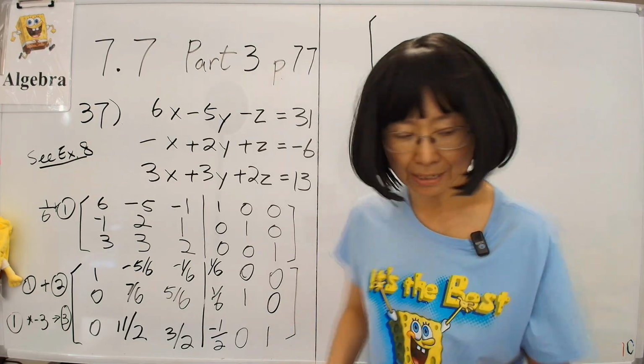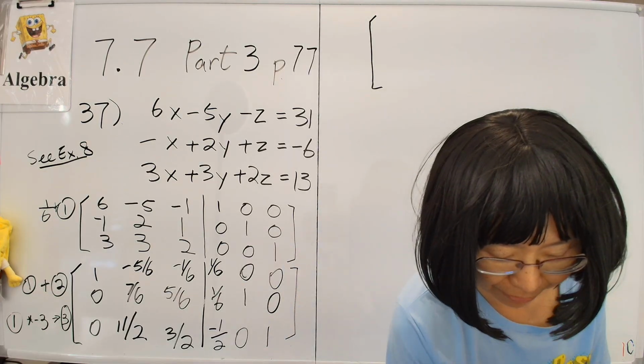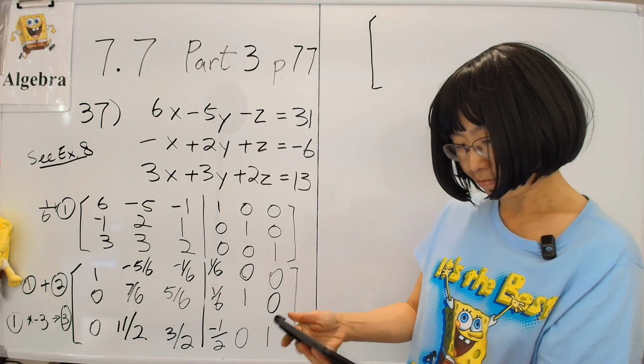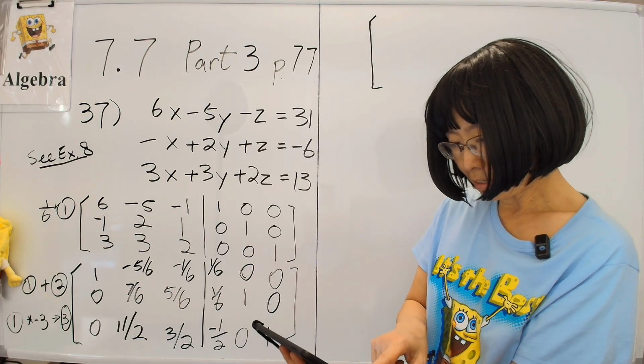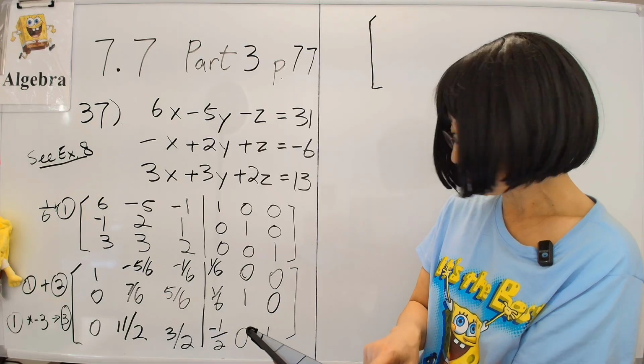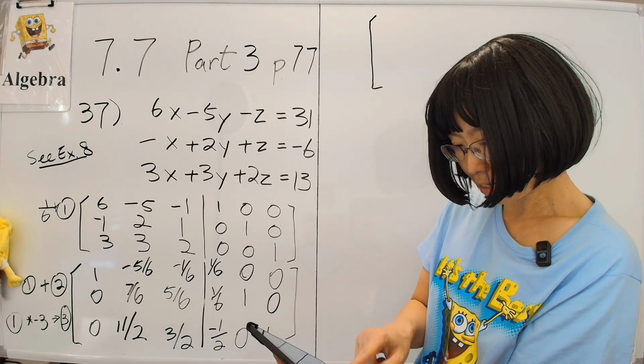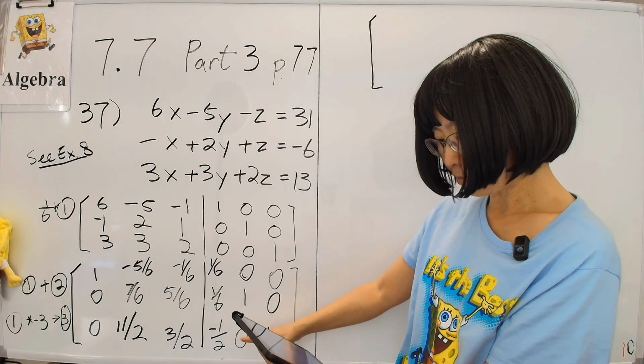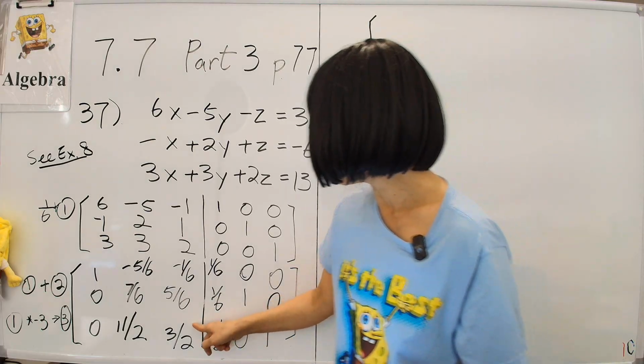All right, so let me check to make sure I got everything right. What do I have? Okay, row 1, we should have 0, 11 halves, 5 halves. Yeah, it says 5. Oh no, I got this wrong. And then minus half, 0, 1. So this one's wrong. Let me do this one again.